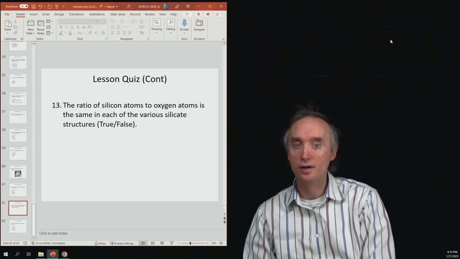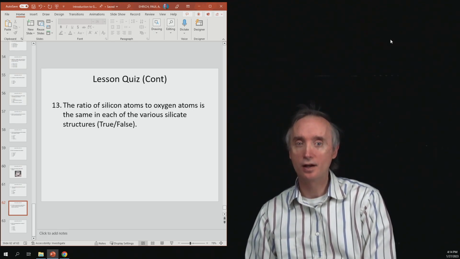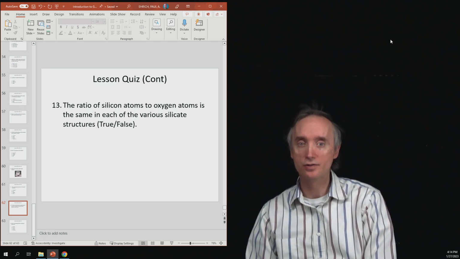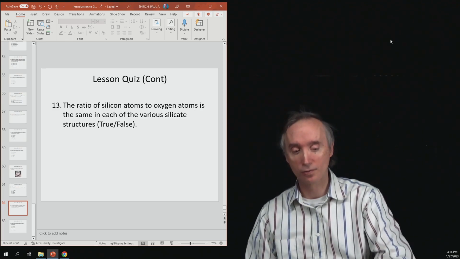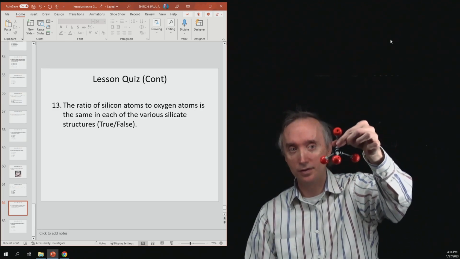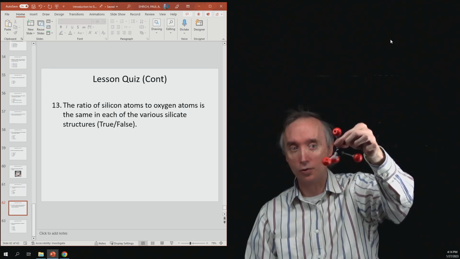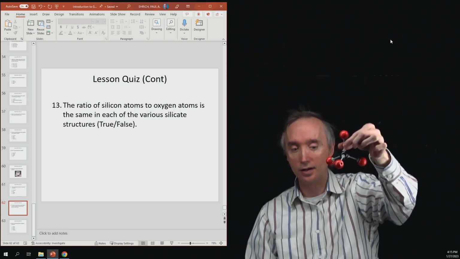Number 13, the ratio of silicon atoms to oxygen atoms is the same in each of the various silicate structures. That's false. So the ratio in this one would be 4 oxygens to 1 silicon.